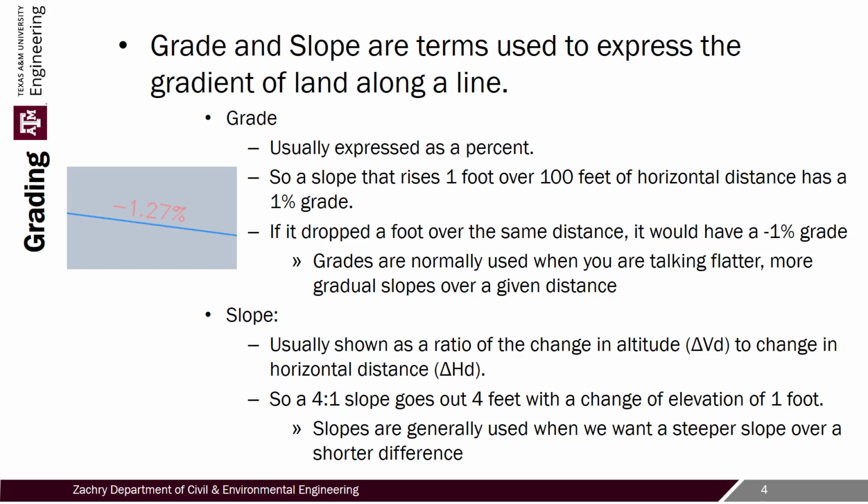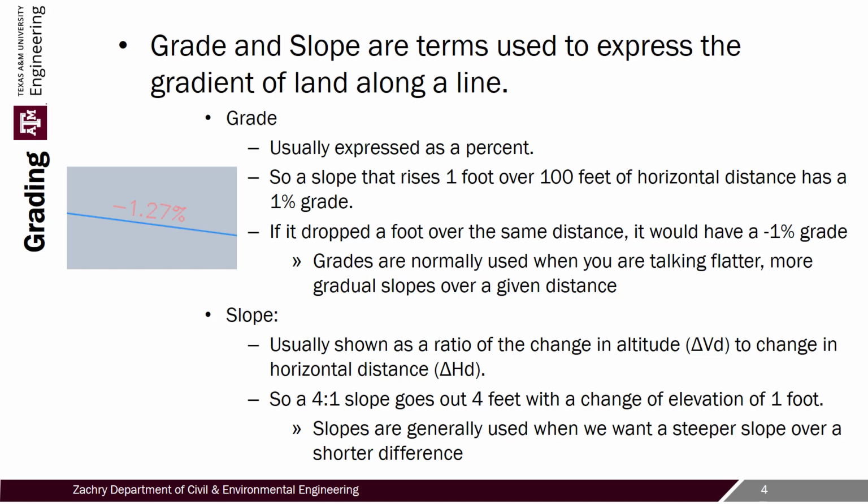Roads normally have a grade from the crown to the gutter of about 3% or 2.5%, enough to move the water, but it's a pretty gentle grade. If you're going uphill, it will be a positive grade. If you're going downhill, it'll be a negative grade.